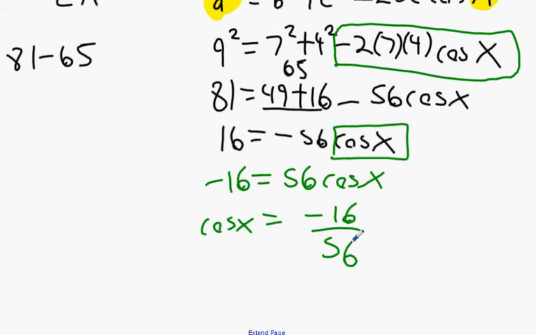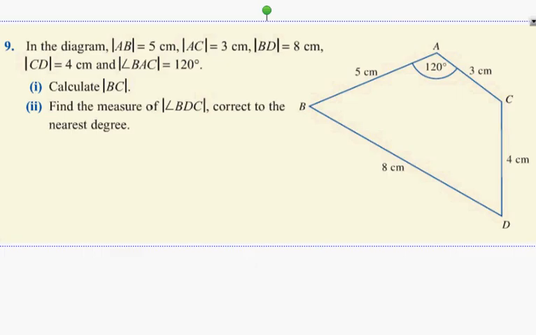Okay? So cos inverse minus 16 over 56. It's okay? Yeah. 106.6, and you get 107. Okay? It's grand.